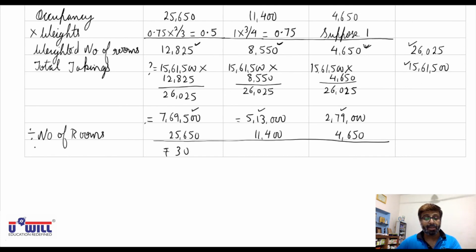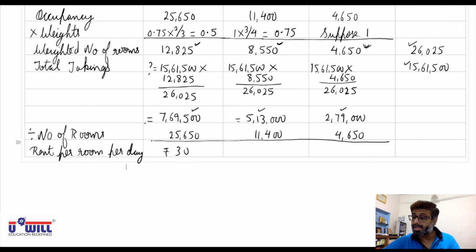This is rent per room per day. 5,13,000 divided by 11,400, you get 45 rupees rent per room per day for double rooms, and 2,79,000 divided by 4650, you'll get 60 rupees rent per room per day.